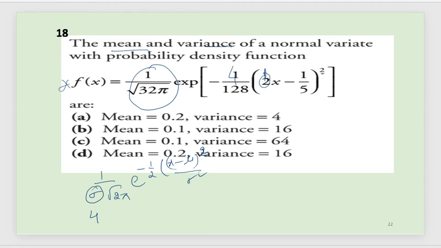And when taking 2 common, obviously this 5 becomes 10. So what we are getting in the e to the power is minus 1 by 32, (x minus 1 by 10) whole square. From here, 32 is nothing but 2 times sigma square, which is 16. So we got mean 1 by 10, which is 0.1, and variance is 16.